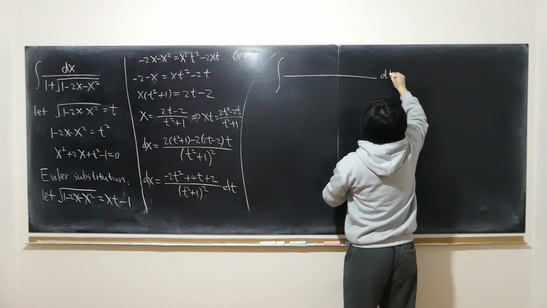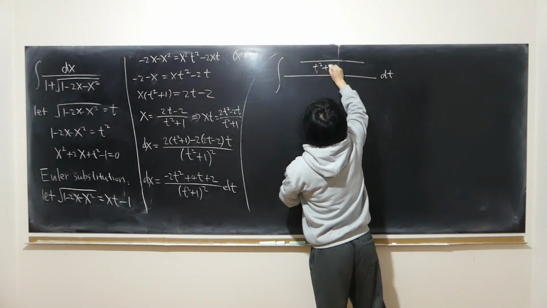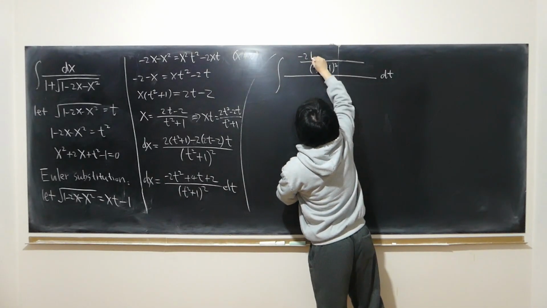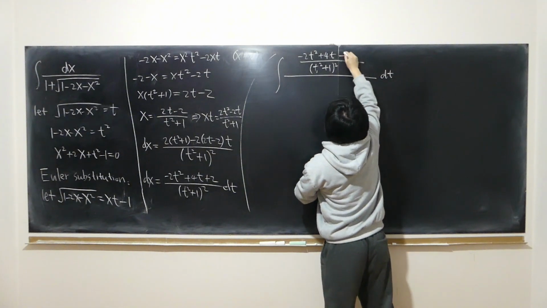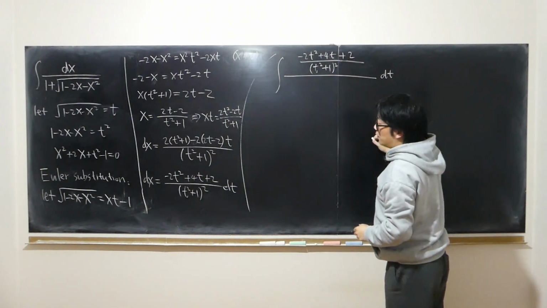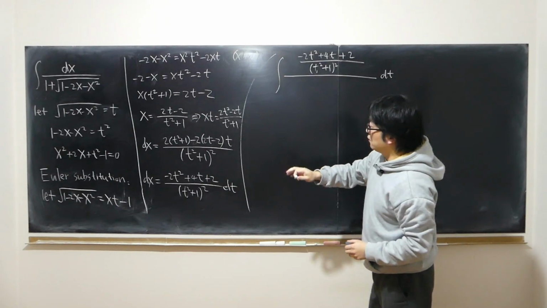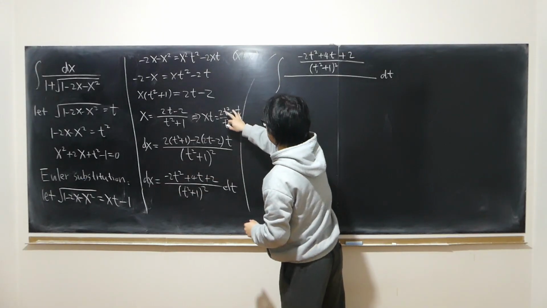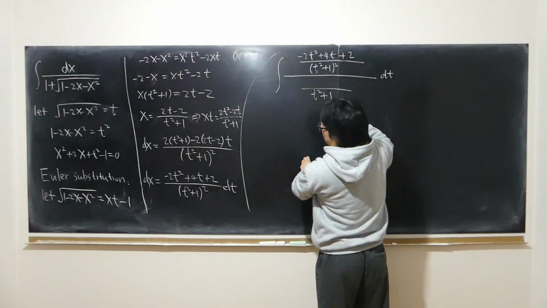Over t squared plus 1 squared, times negative 2t squared plus 4t plus 2. What's the denominator? Like I said, xt, 1 plus that square root. Xt is this one: 2t squared minus 2t over t squared plus 1.